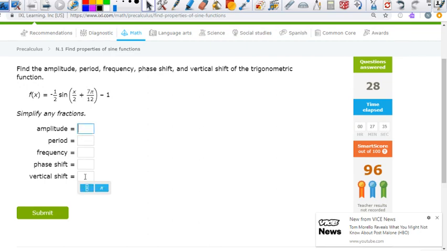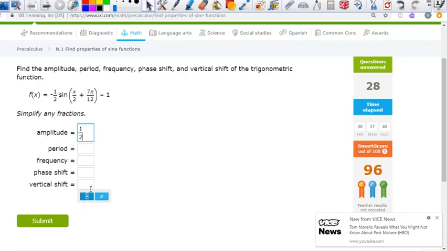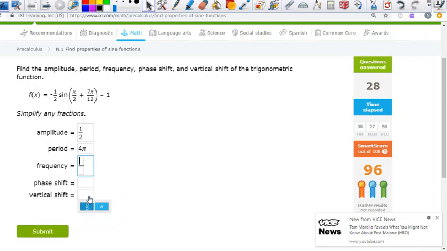Amplitude is 1/2. Period is 2 pi divided by 1/2, which is going to be 4 pi. Frequency is 1 over 4 pi.